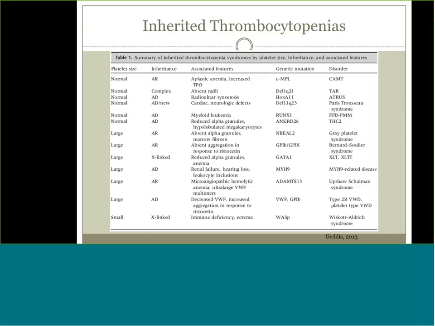When I think about congenital thrombocytopenias, I break them down into: are they macrothrombocytopenias? They have large platelets, and that's that second group there. I think about the Bernard-Soulier, the MYH9-related diseases, the type 2B von Willebrand disorders. Are they microthrombocytopenias? Those are very classically the Wiskott-Aldrich, the little boys.